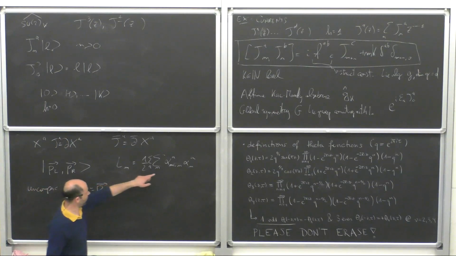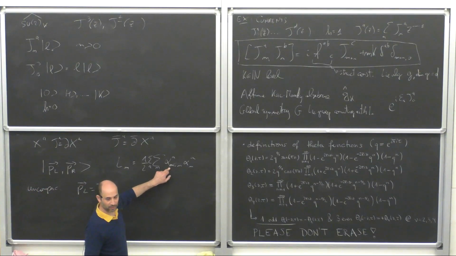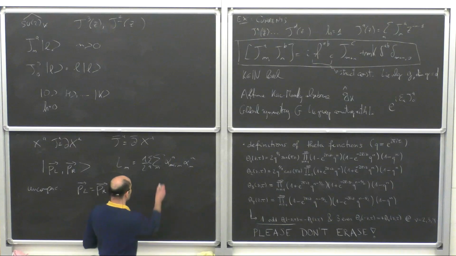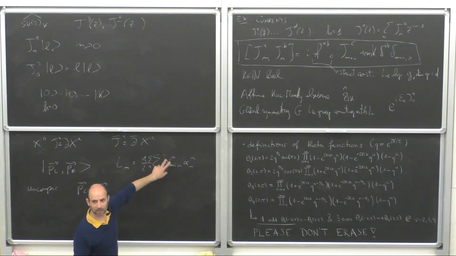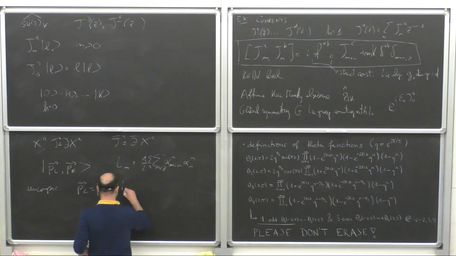This is true for m different from 0; here n goes over all of Z. For m equals 0, you have to be careful because the modes don't commute. You have to be careful with ordering. So for 0, this is the thing.